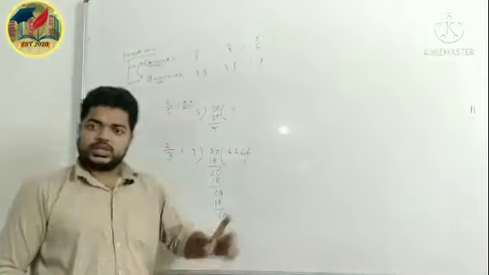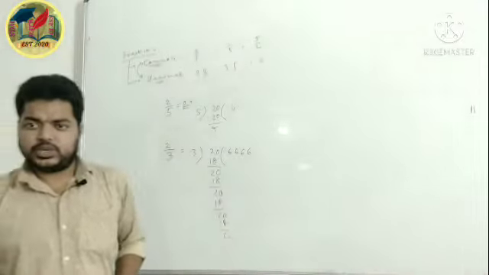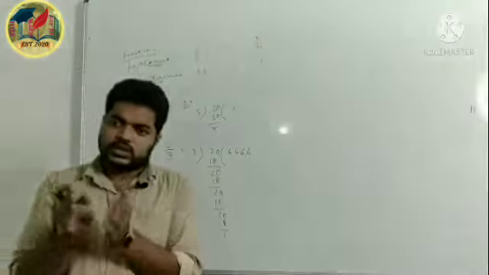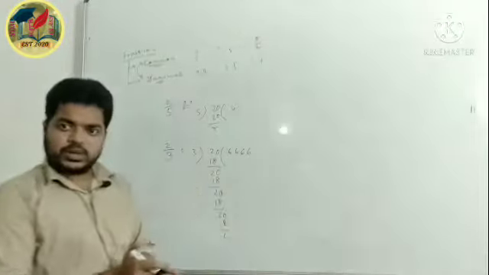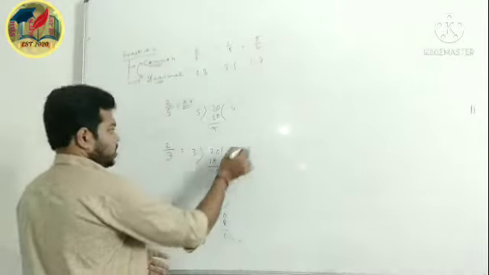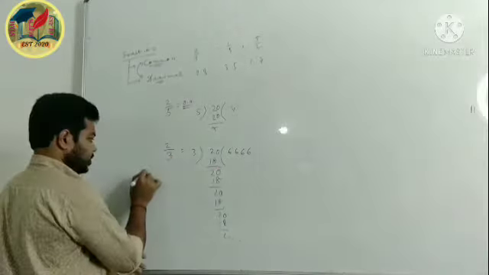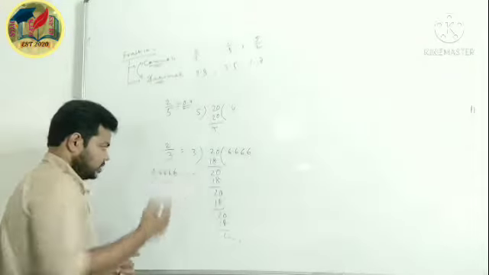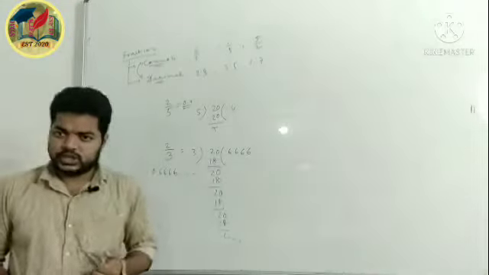So we get 0.66666. Clear? This is a non-terminating decimal. Non-terminating decimal means the decimal expansion does not end. So 2 by 3 equals 0.6666 dot dot dot. This is a non-terminating decimal.